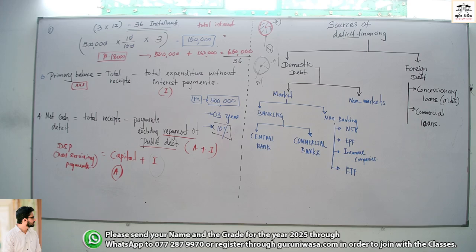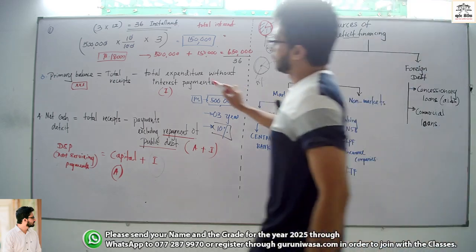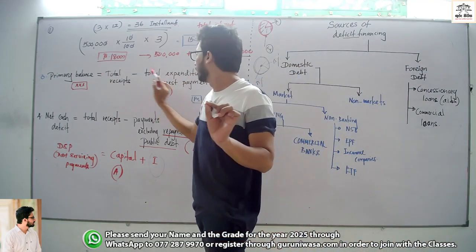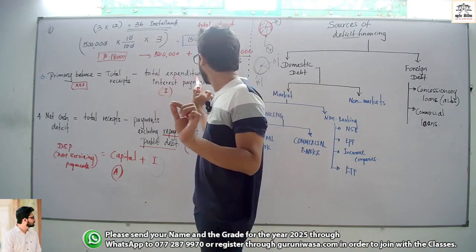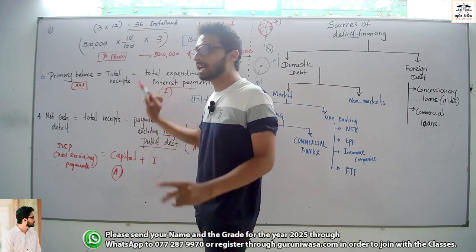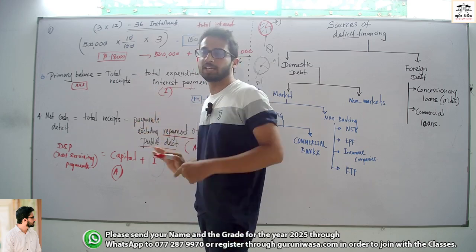Total expenditures without interest payment. Give me 1 minute. When primary account balance is calculated, we have to deduct total expenditures without interest. Deduct all expenses without interest.